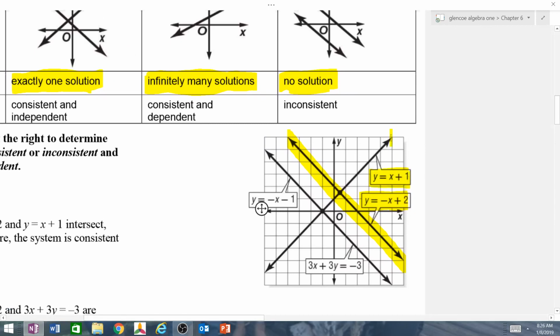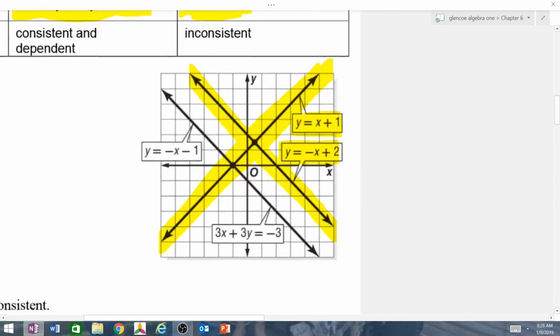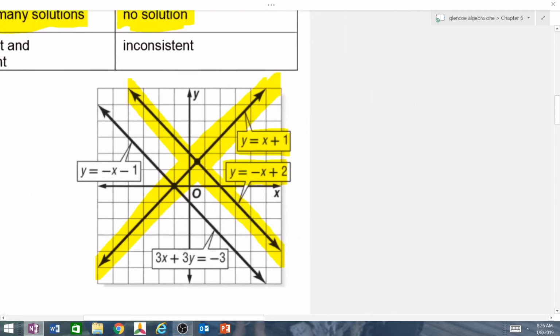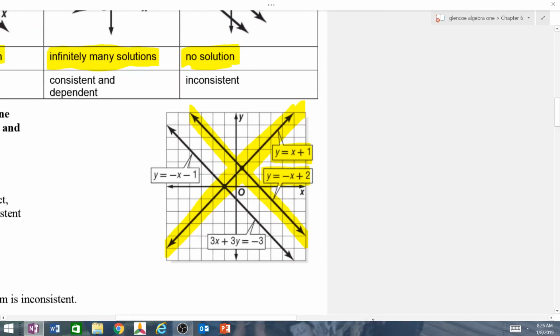Everybody look at those two lines and determine in your own mind, do those two lines meet because they're intersecting, have no solution because they're parallel, or have infinitely many solutions in common because they are the same line? If you know the answer, raise your hand. Yes, right here. They have one solution because those two lines intersect.